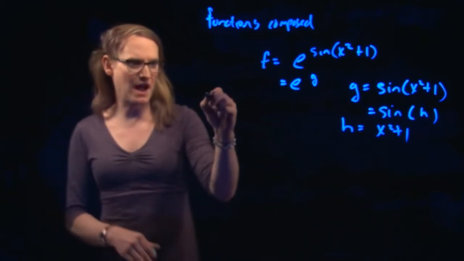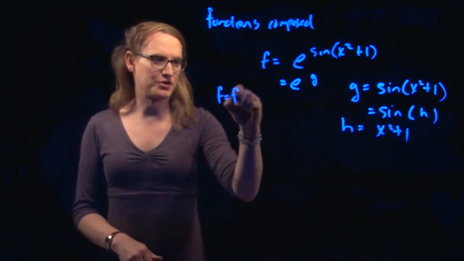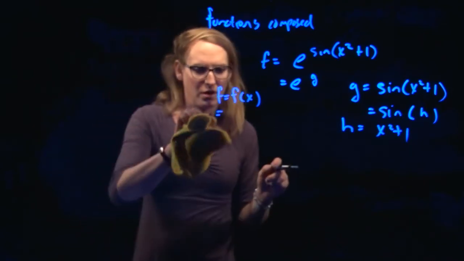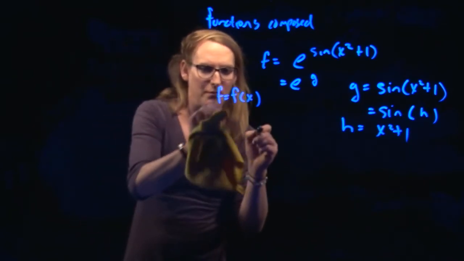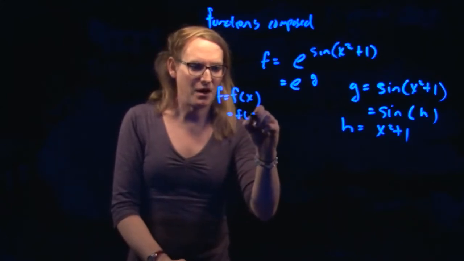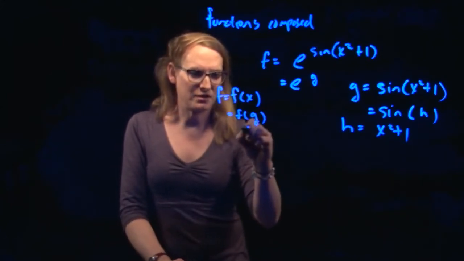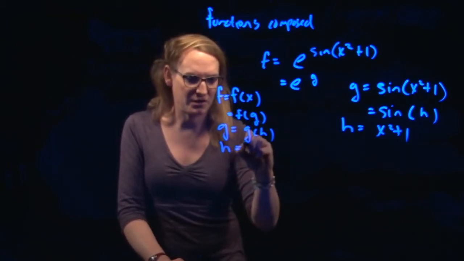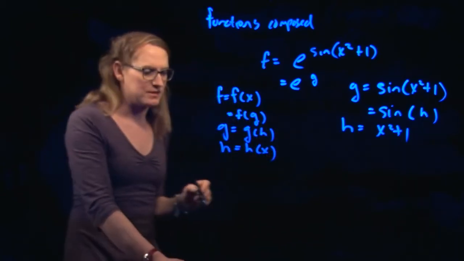So it starts out that f is equal to f of x, but it's also equal to f of g, and g is equal to g of h, and h is equal to h of x.